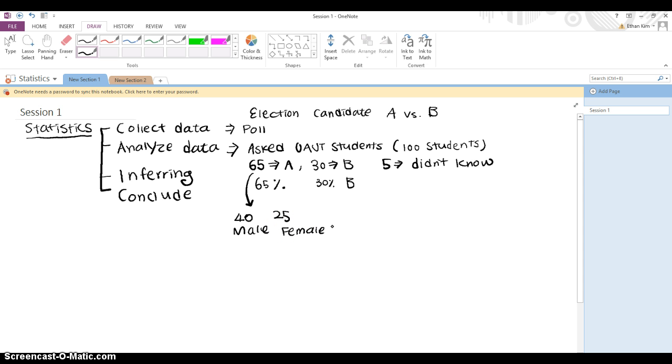See, now we're breaking down the information, and we're analyzing. Oh, why is it that more guys are supporting A?